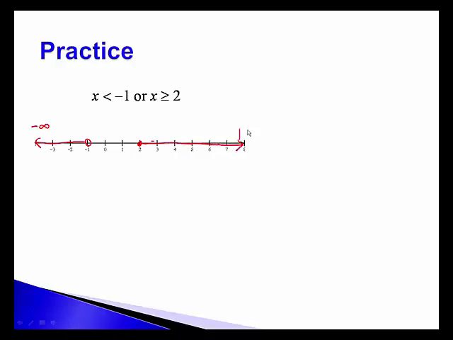Once again, we'll be going to positive infinity. How would this look in interval notation? On the left-hand end, we would have negative infinity, and it continues to be shaded to negative 1. Open circle tells us it will be a parenthesis. Unioned, because we see the or, we'll start with a square bracket from 2 to positive infinity.